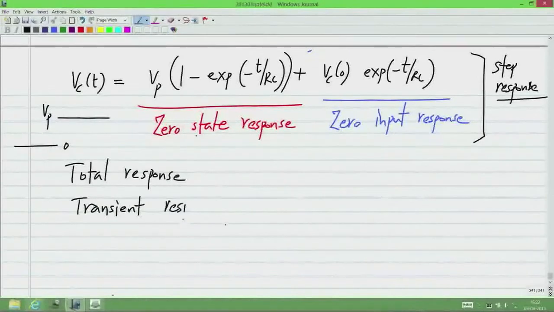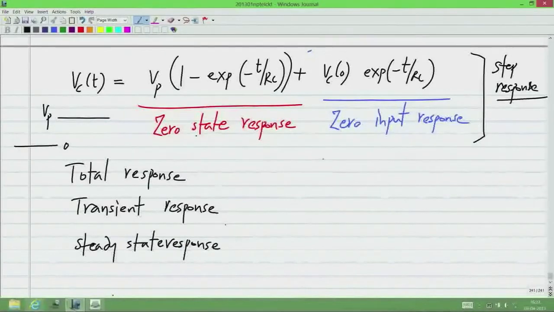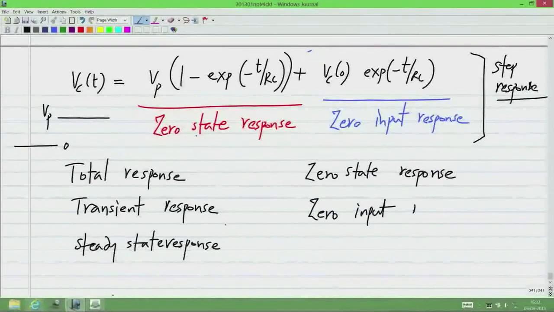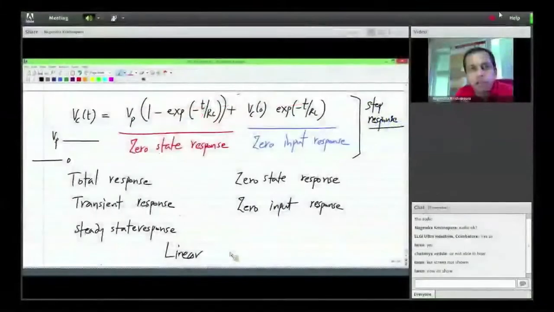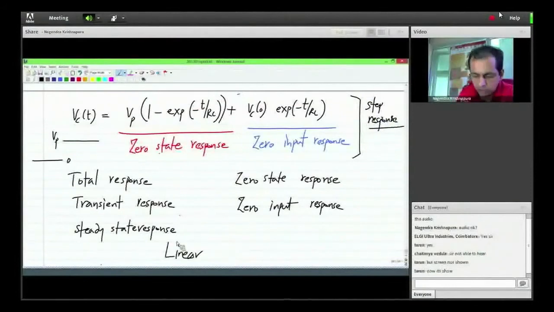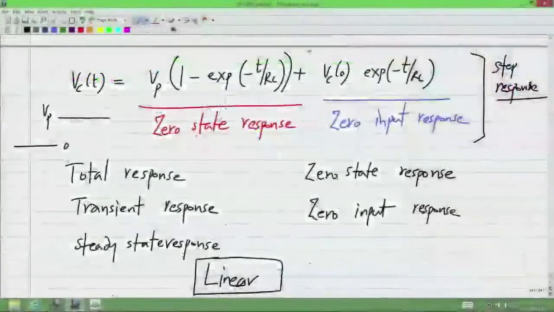We have the steady state response, zero state response and zero input response. And all of this is for a system which we know is linear. At least we know that it's made of linear components, resistor and capacitor. So now my question is, what does linearity mean in this case?